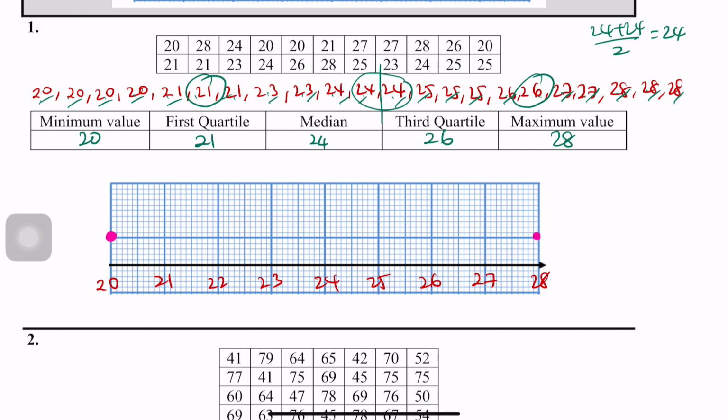First quartile is 21, a dot on 21. Median is 24. Third quartile is 26. And then you connect this part. Then you mark the first quartile, the median, and the third quartile, and then you connect the box.